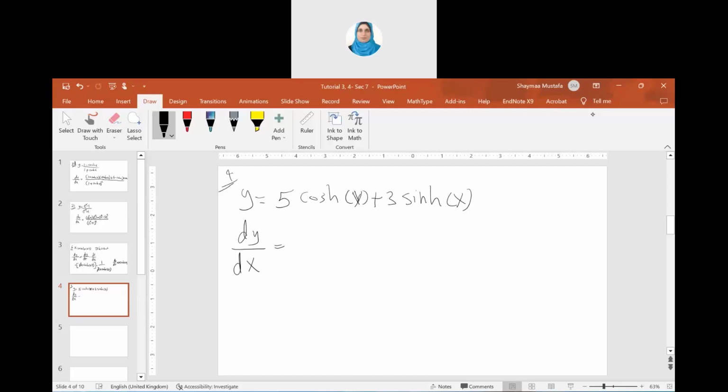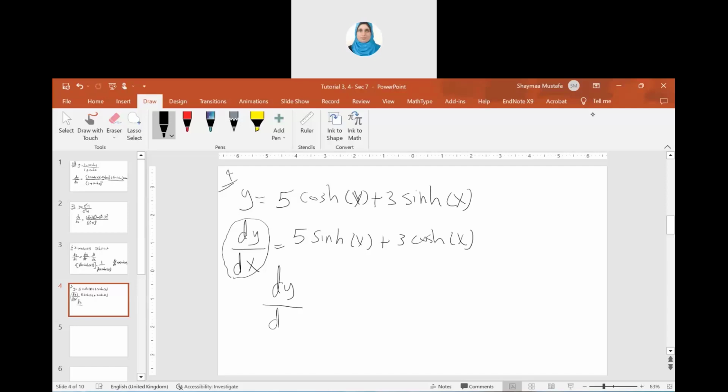So here if you find dy over dx, because I need this one for the minimum value, dy over dx will be 5 sine x plus 3 cos x. Okay, and you can find also the second one, the second square. Now I need to focus for the minimum value. To find the minimum value, you need to put dy over dx equal to 0, or the maximum value.